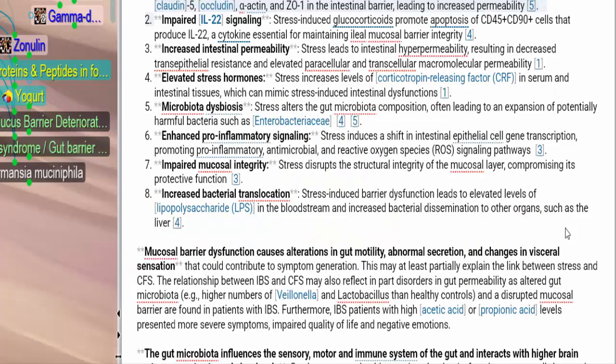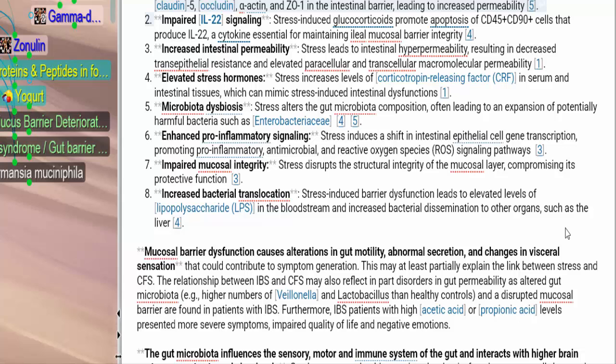And then, of course, psychological stress elevates stress hormones. Stress increases levels of corticotropin releasing factor in serum and intestinal tissues, which can mimic stress-induced intestinal dysfunctions. It also causes microbiota dysbiosis.